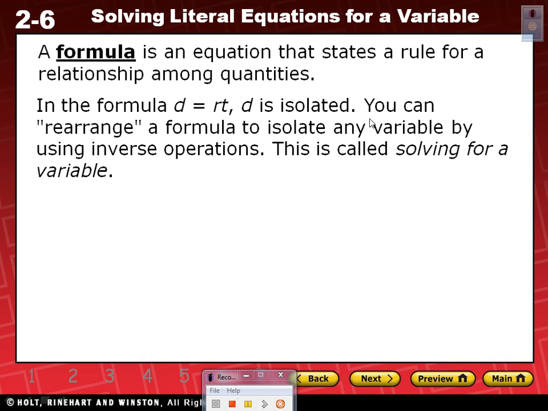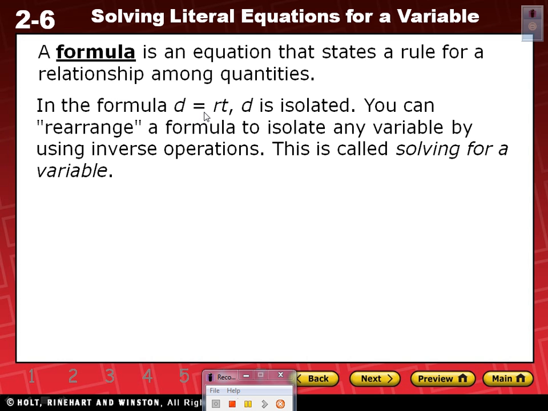So check this out. What are formulas? Formulas are equations that give a rule. Now, some of you that already started some of this work in science, and I also have given you some rate problems, you already use the formula D equals RT. Who's heard of that one before? Distance equals rate times time.